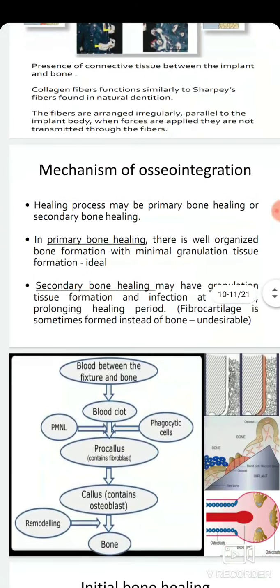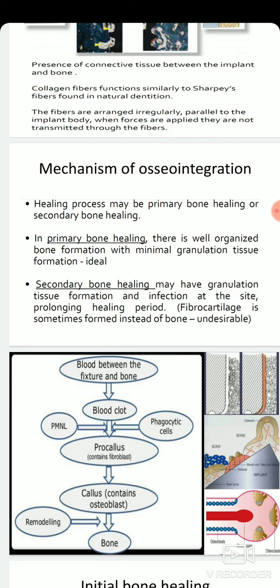Coming to the mechanism of osseointegration, the bone healing process takes place either by primary or secondary bone healing. In primary bone healing, there is well organized bone formation with minimal granulation tissue formation, which is the ideal type of bone healing for osseointegration to occur.